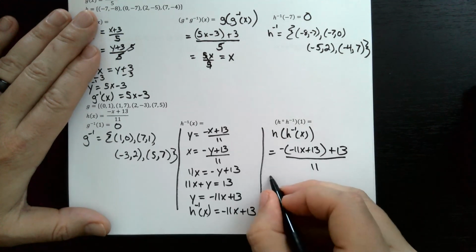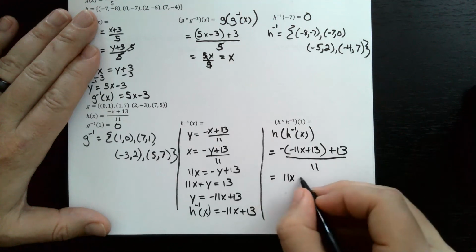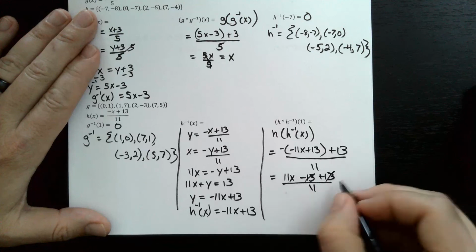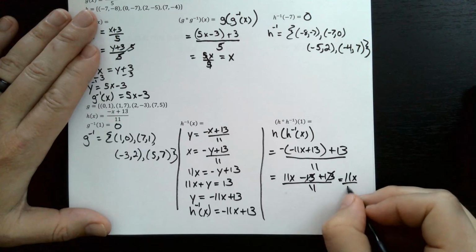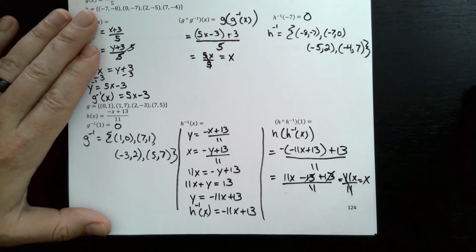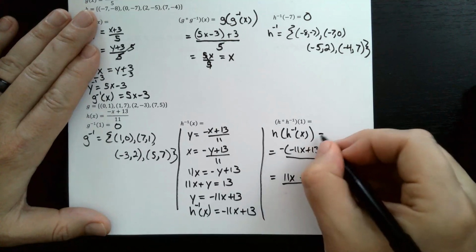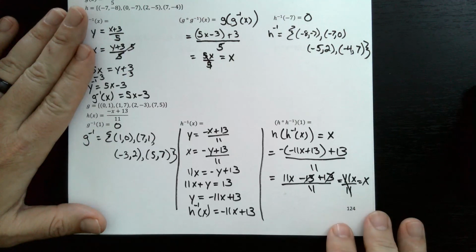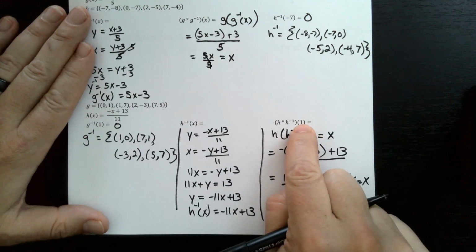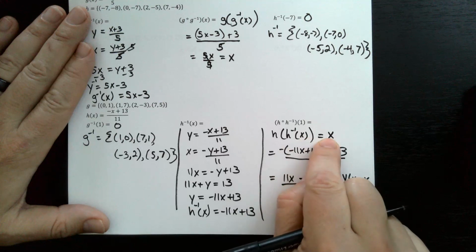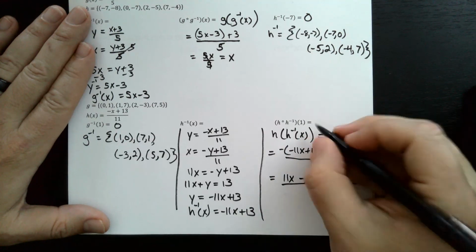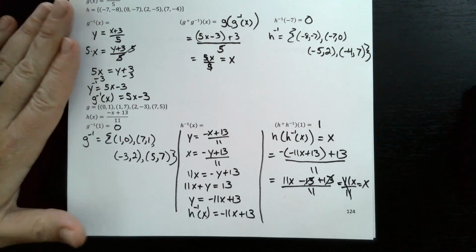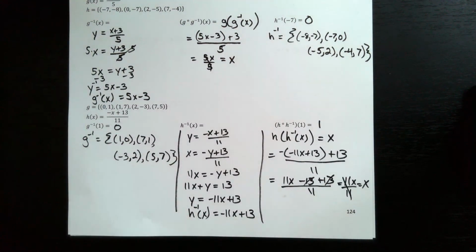So distribute the negative, so you get positive 11x minus 13 plus 13 over 11. These two cancel, so you get 11x over 11. Those two cancel, you get x. Okay, so this is equal to x, which is what we assumed it would be if we did our work right. Okay, now if you plug in a 1, well, you just plug in a 1 here. Everywhere you see an x, you plug in a 1. So if you plug in a 1 right here, you get 1 as an answer. And that's it.